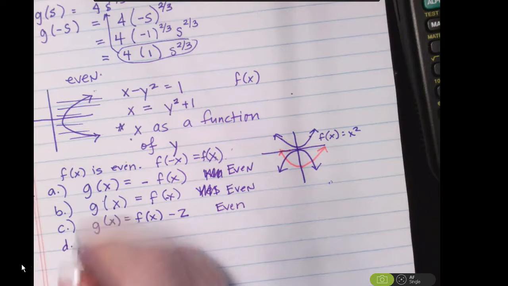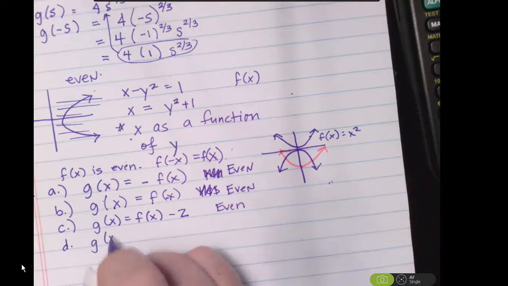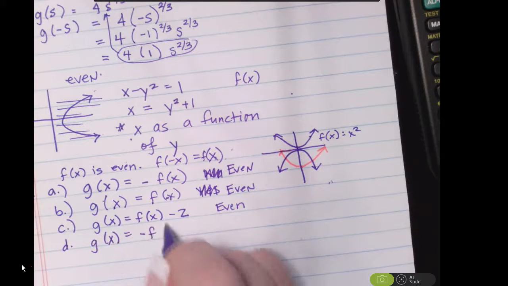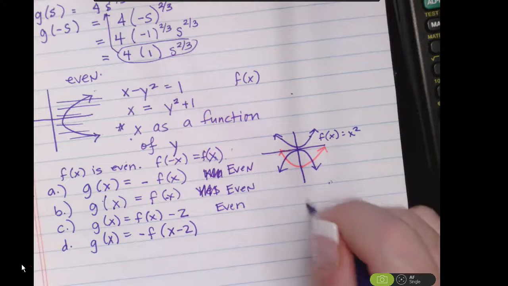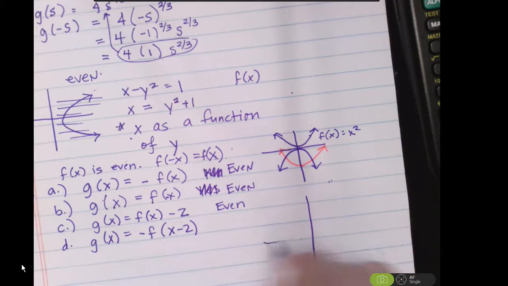And choice D, we've got g of x equals negative f of x minus 2. So I'm not sure if they're expecting you to remember. See, transformation of functions is in the next unit, but you have covered this in Algebra 2.